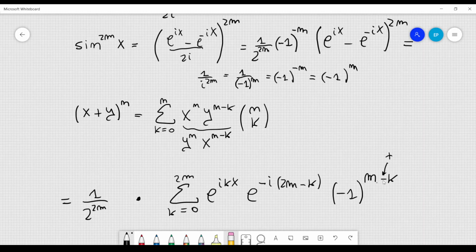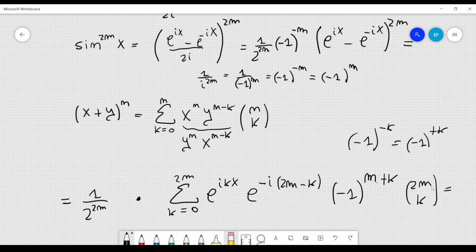In this case we are talking about integers, so there is no problem doing that, right? So I can put plus here, okay? Because minus 1 to the minus k is equal to minus 1 to the plus k. And then I also have to consider the binomial coefficient n choose k, but instead of n we have 2m here, so I have 2m choose k.